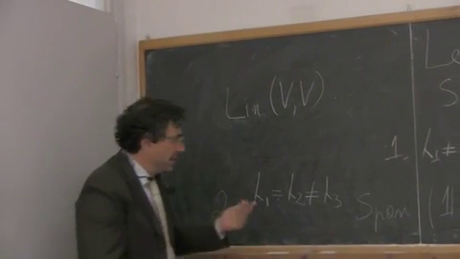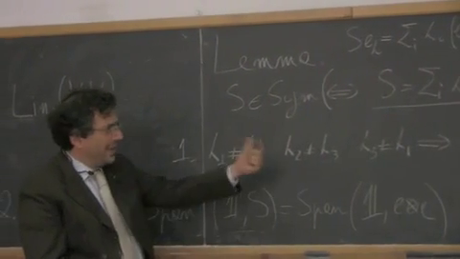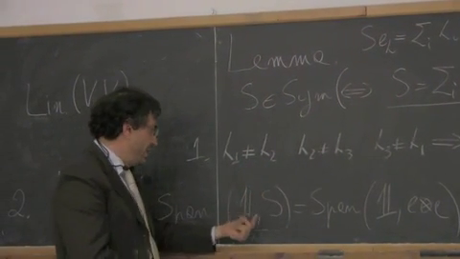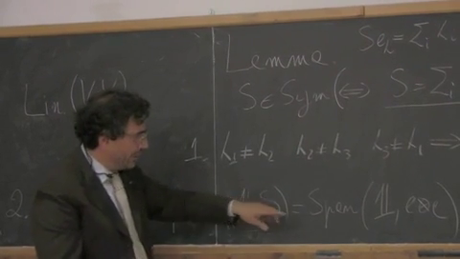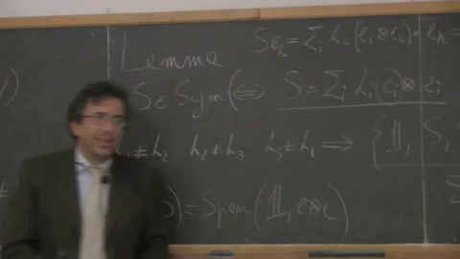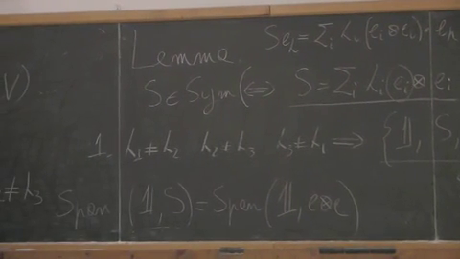I mean, instead of considering 1, S, S squared, now we have 1, S, and the span of 1, S is equal to the span of 1 and E tensor E. Okay?